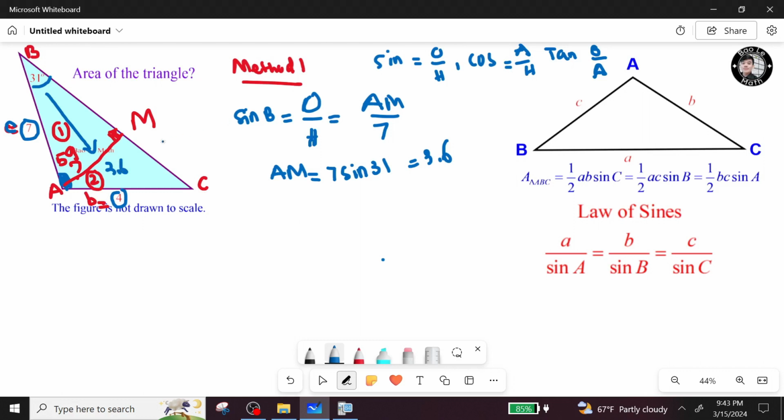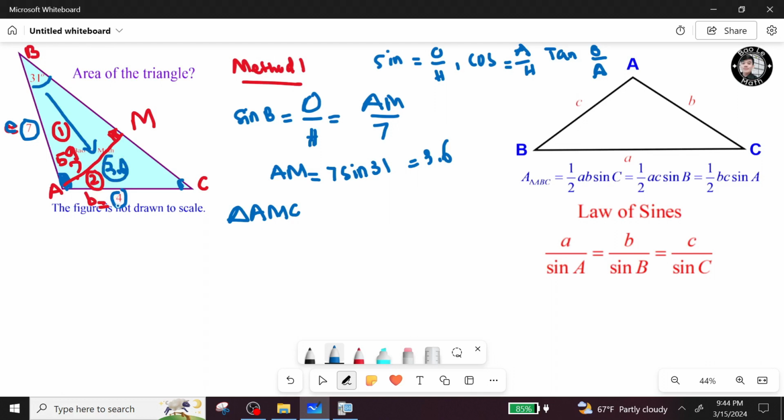Now, this is the right triangle AMC. I need to find the measure of angle A2 right here. I know that this is A2, and this side is given, which means it's adjacent to A2.